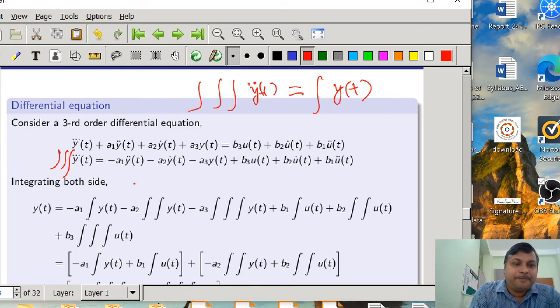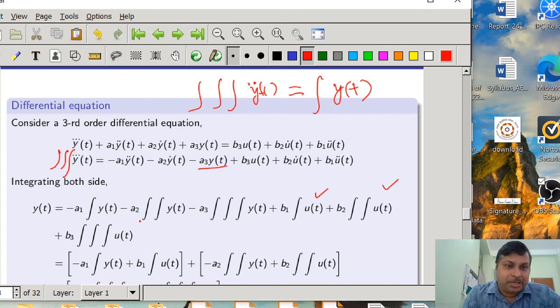Now with the same concept, we can write the first one as the first integration of y(t). Like that other terms are written, and most interestingly, this a3 into y(t), you have to integrate this y(t) 3 times. Like that the input terms are also written.